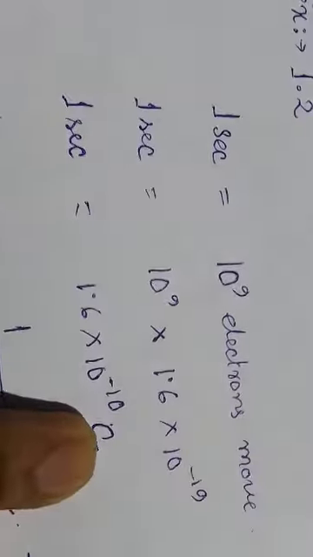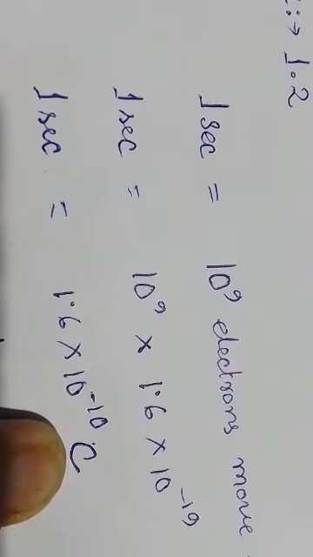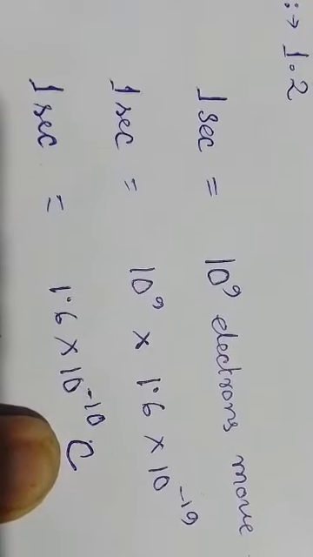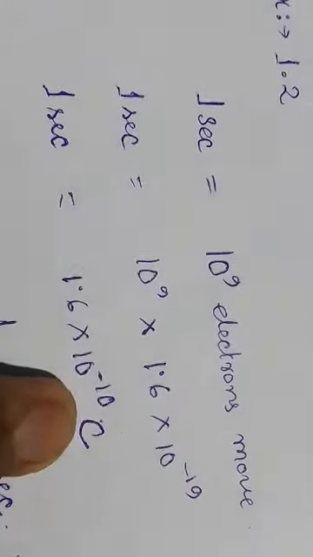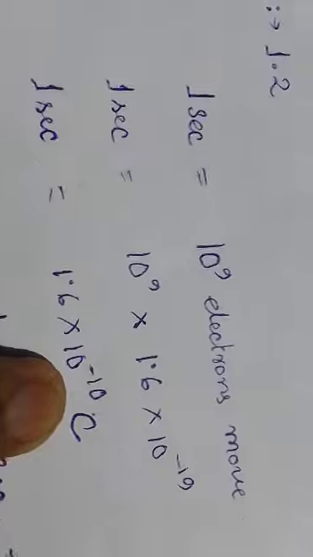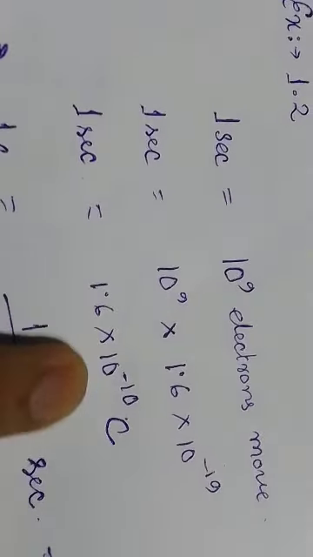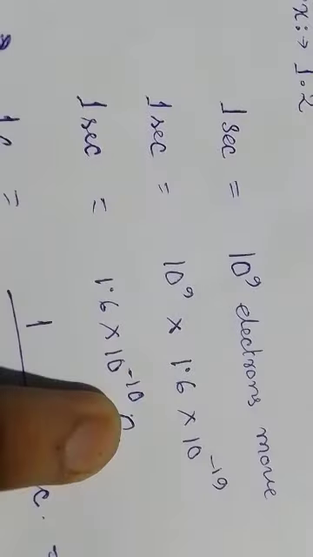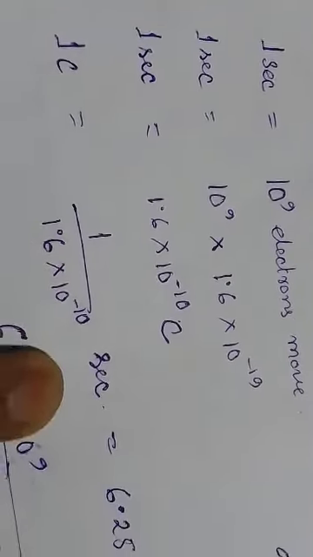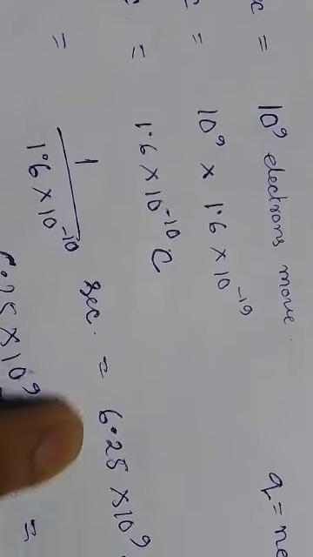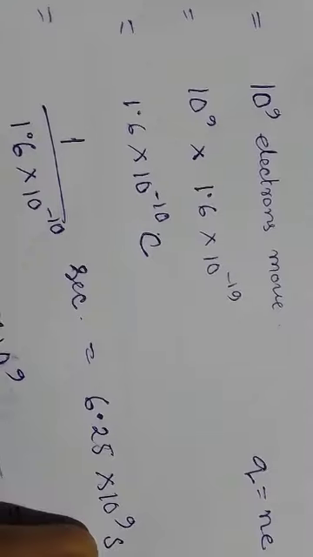Now if we want to check how much time is required to get a total charge of 1 coulomb, then we will have to divide 1 second by this 1.6 into 10 to the power minus 10 coulomb, so that we can get this value. We will get this value to be 6.25 into 10 to the power 9 seconds.